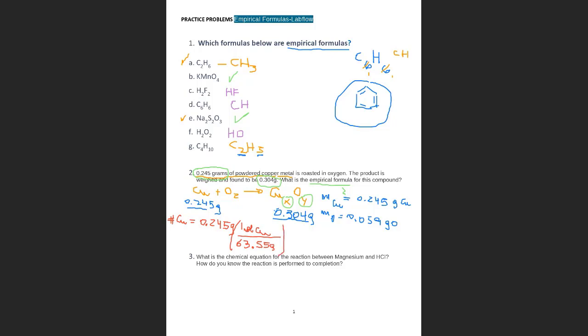So when I do that, I get a number. The number of moles of copper is 0.00386 moles of copper.